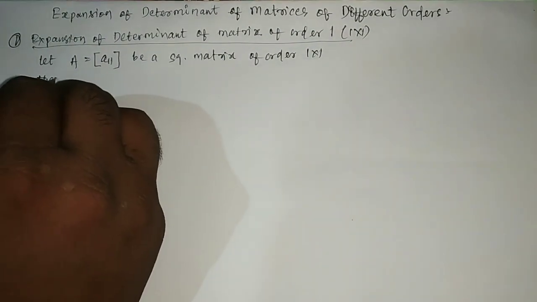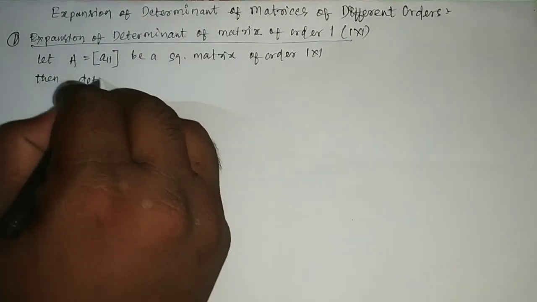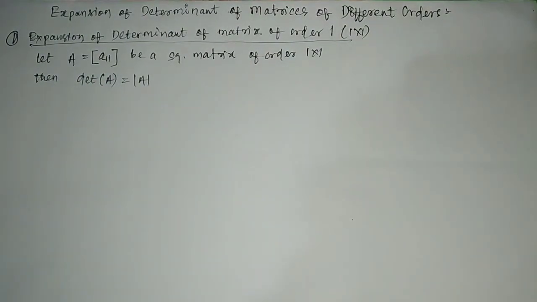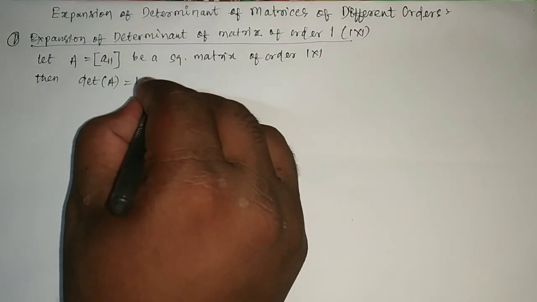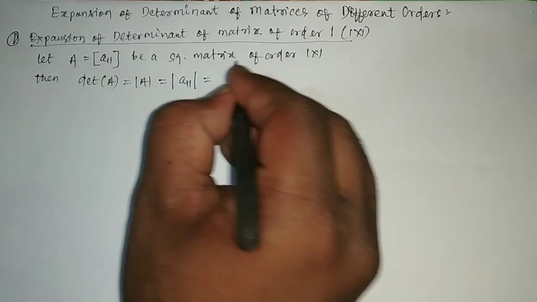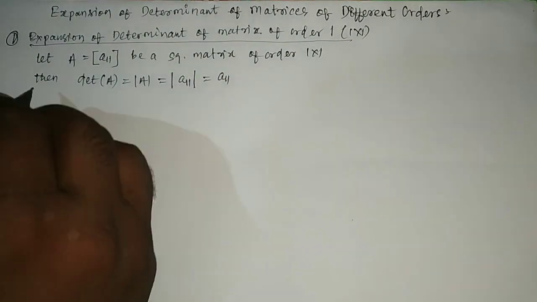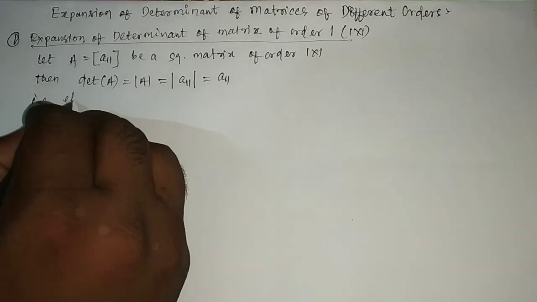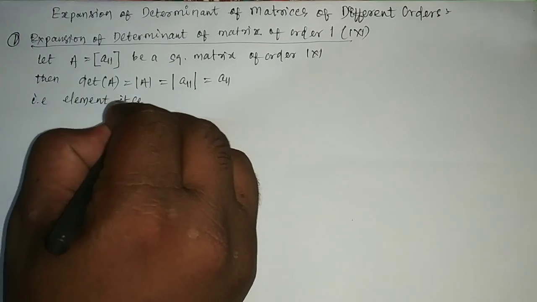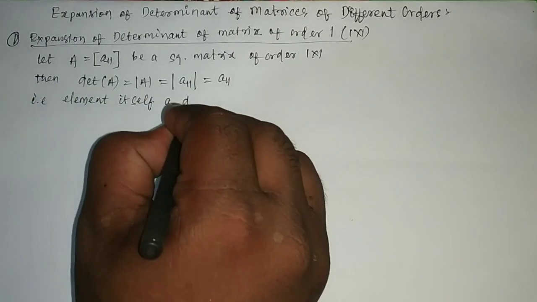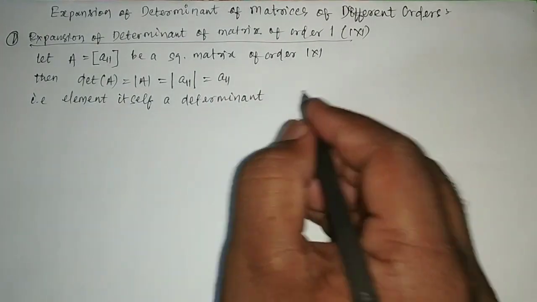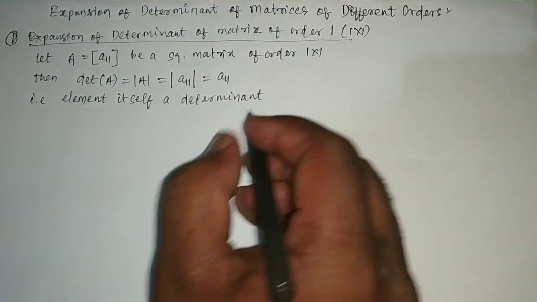Then the determinant of A is equal to a11. That is, the element itself is the determinant in case of a 1 cross 1 matrix.